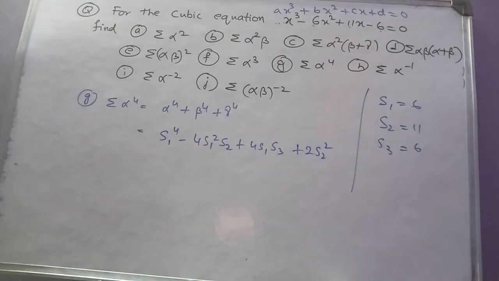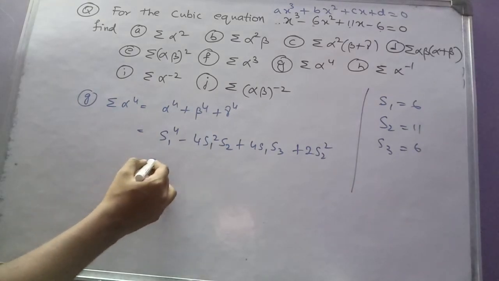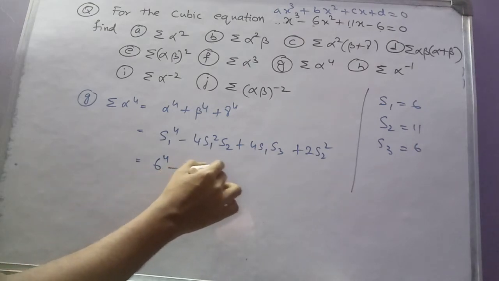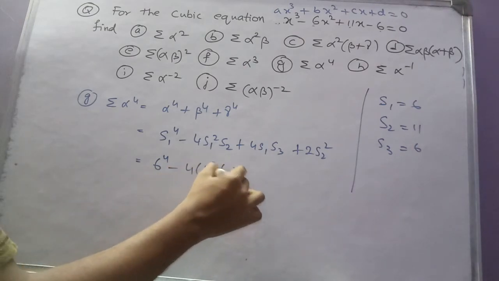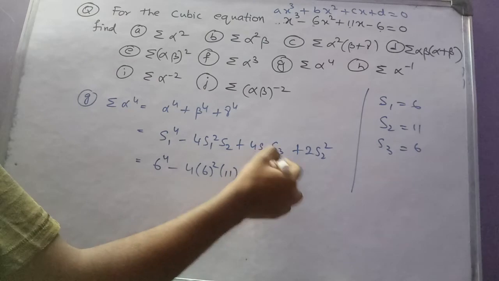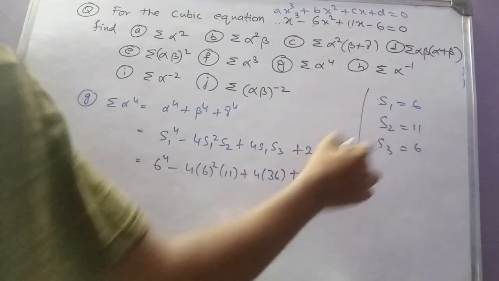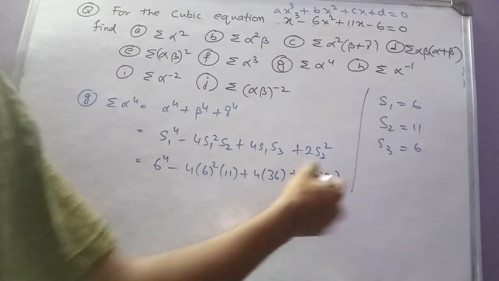Okay, so this is the formula for sigma alpha power 4. Now substitute the respective values, dear students. S1 power 4, that means 6 power 4, minus 4 into s1 square, which is 6 square, into s2 which is 11, plus 4 into s1 s3. S1 s3 means 6 into 6, it is 36, plus 2 into s2 square, which is 11 square, which is 121.